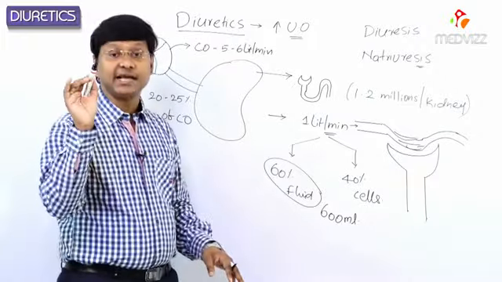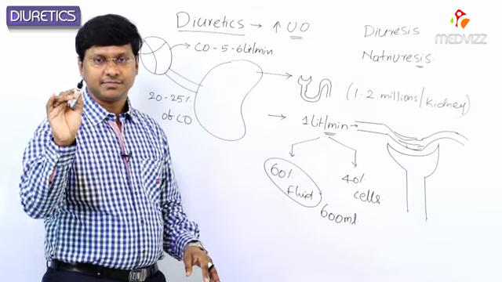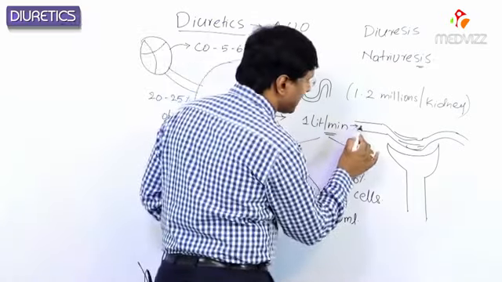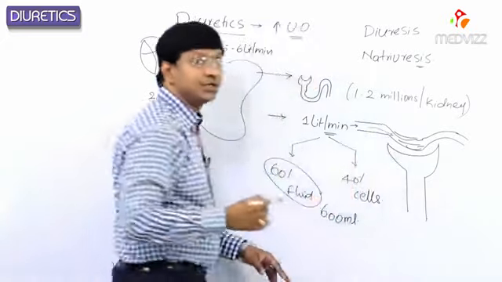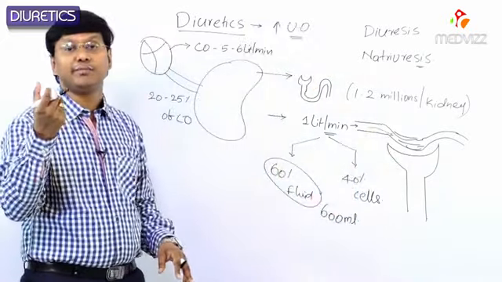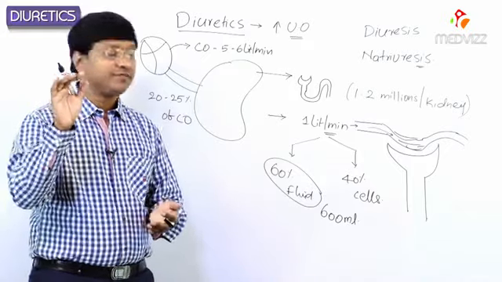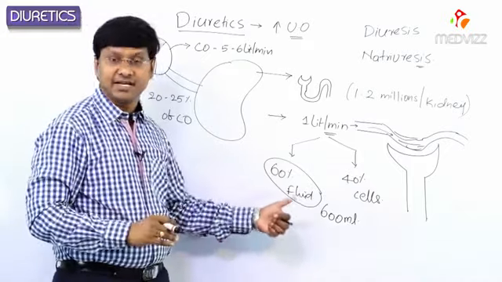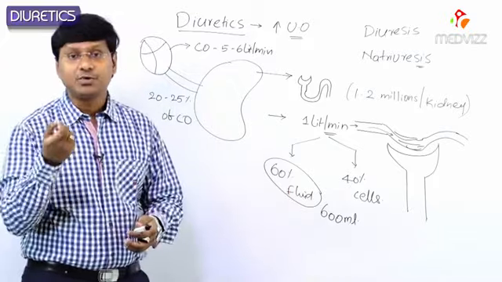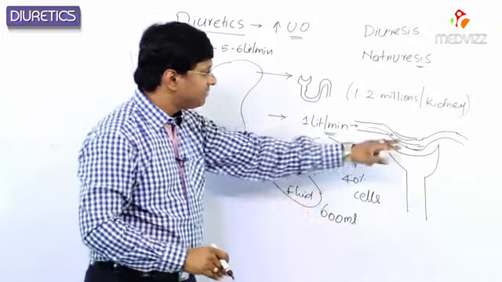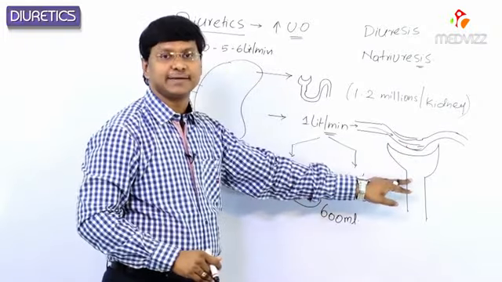Now this 600 ml of plasma will try to pass through all your 2.4 million nephrons. Out of that 600 ml per minute, how much fluid will be filtered from the glomerulus to the Bowman's capsule?